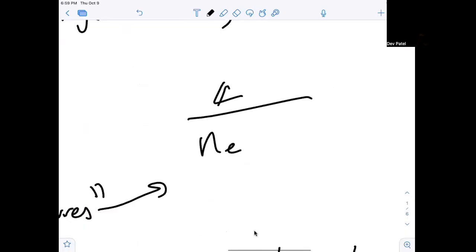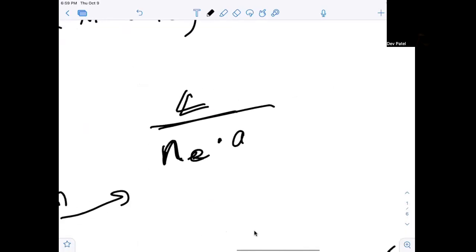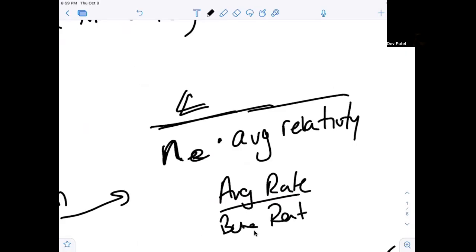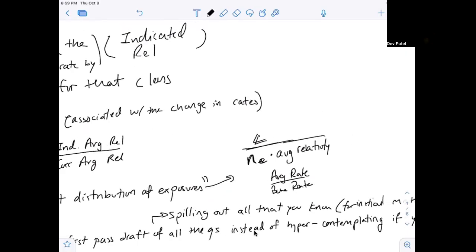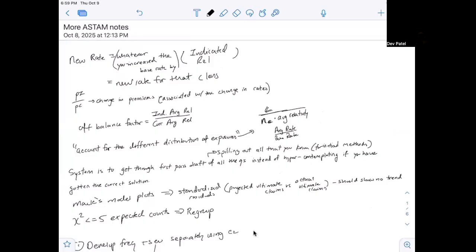It's not just losses over exposures, but losses over exposures times your average relativity, because you have to adjust your exposures. So it's your average rate over your base rate; that is your average relativity. If you only have one rating variable, then you actually don't need to do those exposure adjustments.